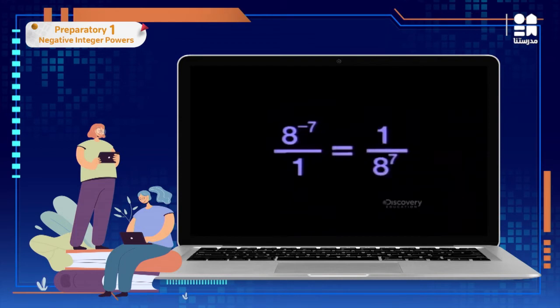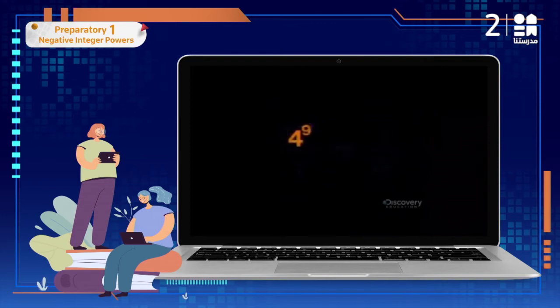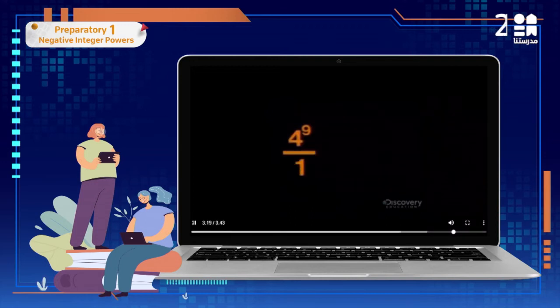It also works if you start with a positive exponent. For example, 4 to the power 9 equals, and think of it as a fraction with a denominator of 1, invert, it equals 1 over 4 to the power negative 9. It's the inverting that changes the sign.